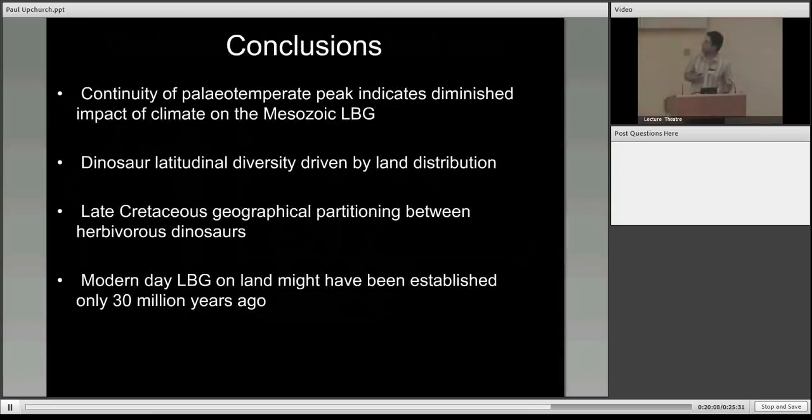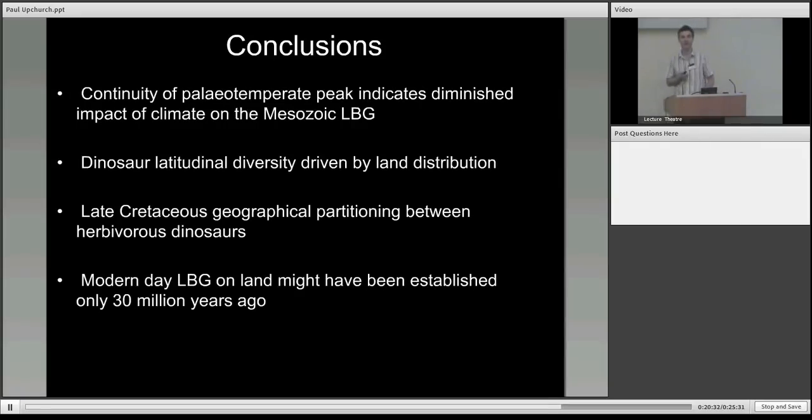Okay, well, I just want to summarize some conclusions before saying something about future work and big paleo and so on. Just to draw it together for you. Dinosaur diversity is pretty much consistently highest in temperate zones throughout much of the Mesozoic, and that perhaps tells us that there's more to explaining this than just climate.